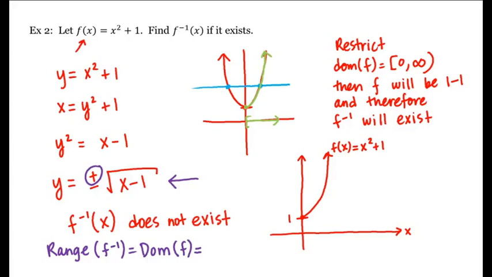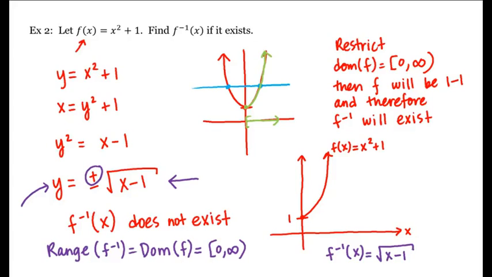And if we're restricting that domain to 0 to infinity, this has to be the range of the inverse. And so the output, namely y, has to be positive. That is, f inverse of x on this restricted domain is equal to the square root of x minus 1.